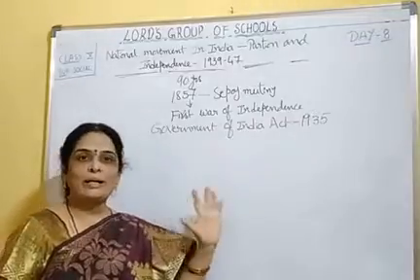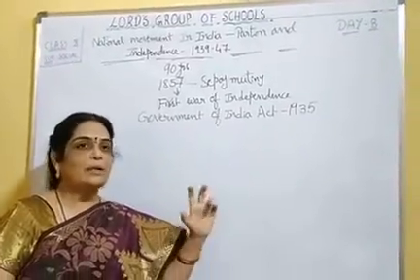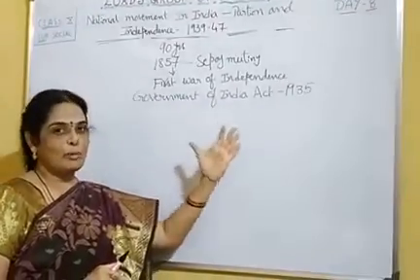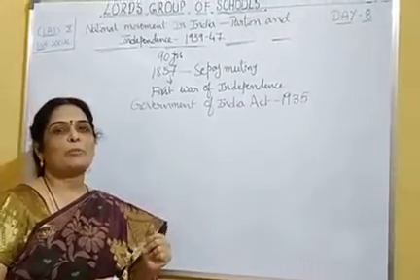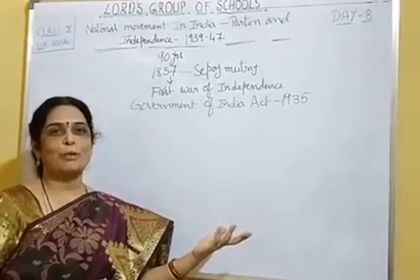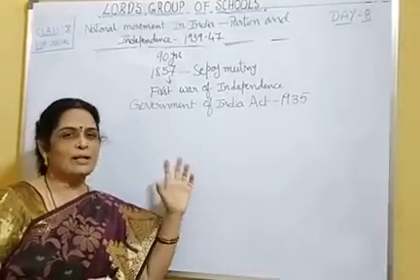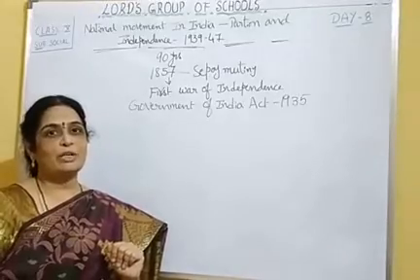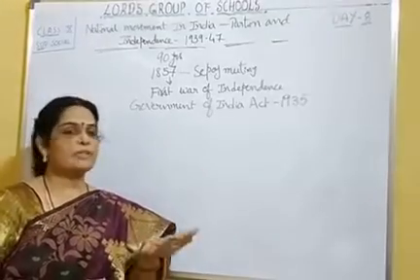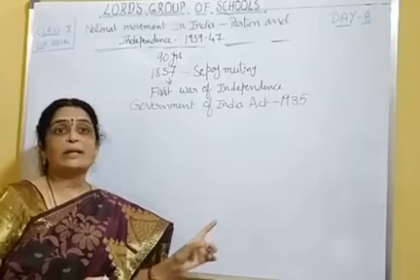Because of lack of proper leadership, disunity among the people, no awareness among the people, and so many other reasons, this revolt failed. Though the 1857 revolt failed, it inspired the people.